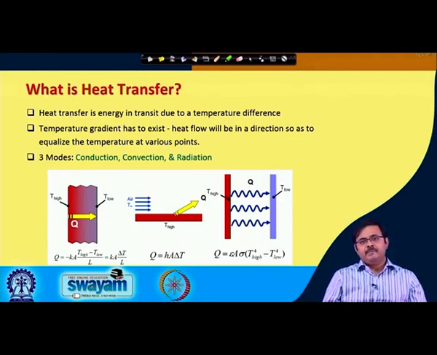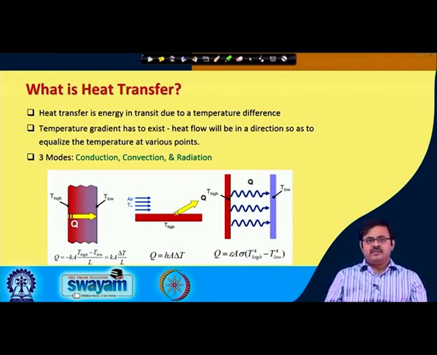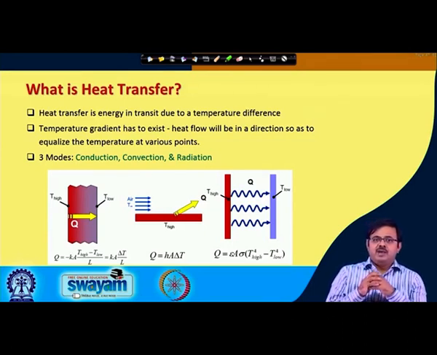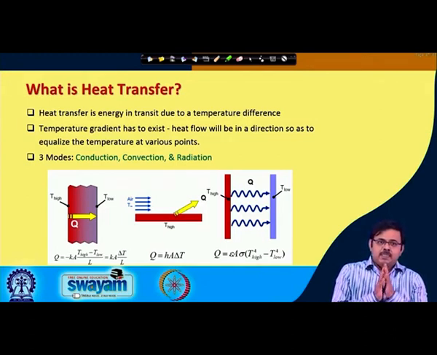So, these are the three small cartoons that I am showing at the bottom of the slide, which tries to give you the essence of what each of these heat transfer modes mean or imply. So, let us spend a little bit of time on this slide, because I am trying to brush up at least one half of an undergraduate heat transfer course in one slide. So, let us try to do this.